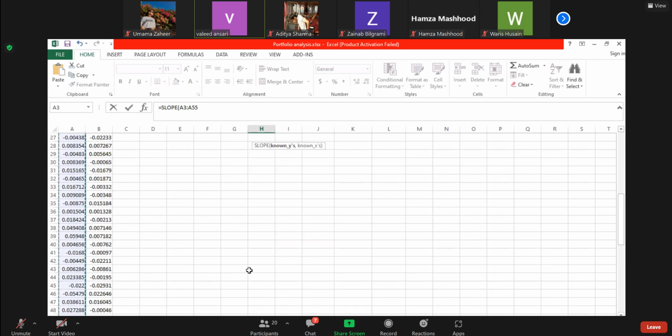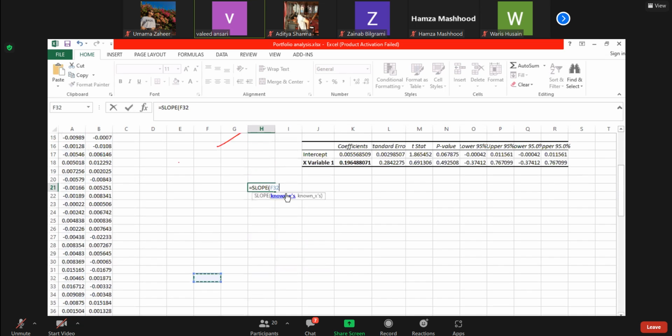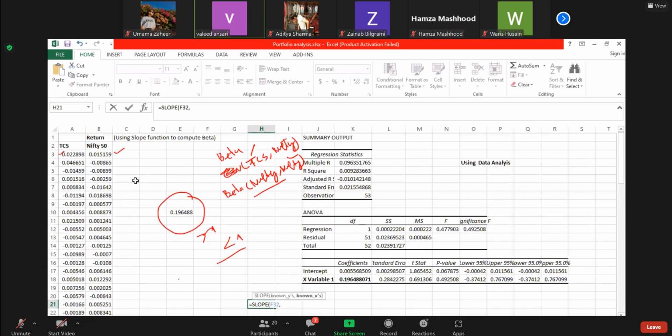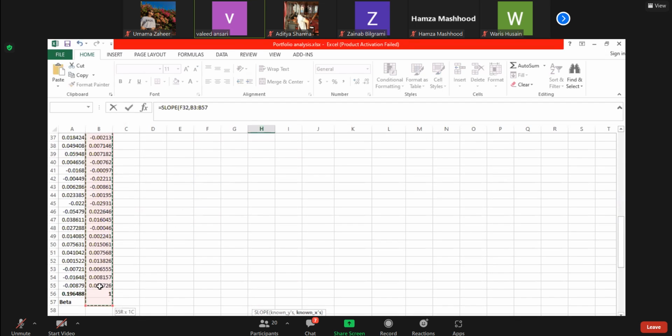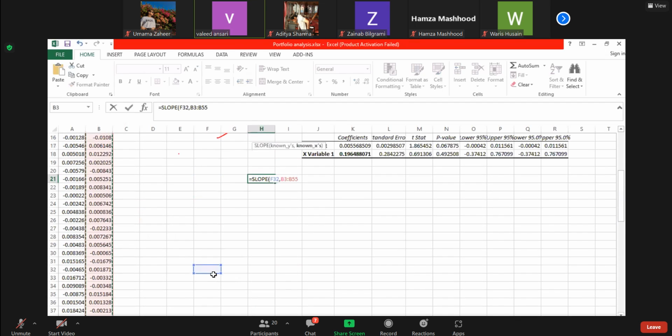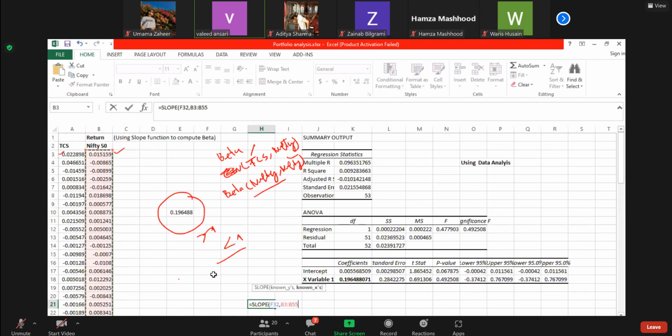Okay. And it is asking, followed by a comma, then the other variable, the dependent one, because it is the same one, but just for verification we are doing it. Okay. Now we close the bracket and hit enter.